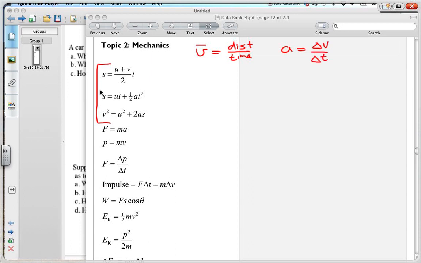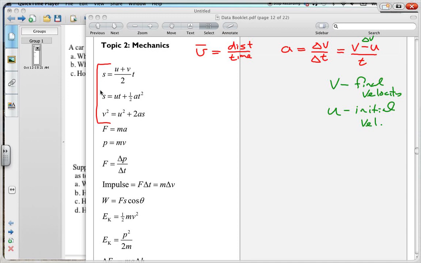Now, because we have a change in velocity, therefore we have a starting velocity and an ending velocity, we actually define this as v minus u over t, where v is your final velocity and u is the initial velocity. So this gives me a change in velocity, the final minus initial over time.